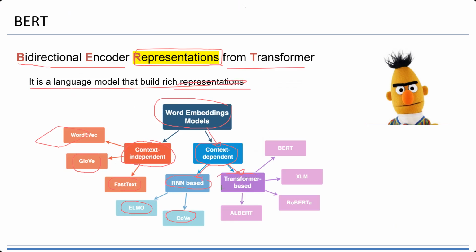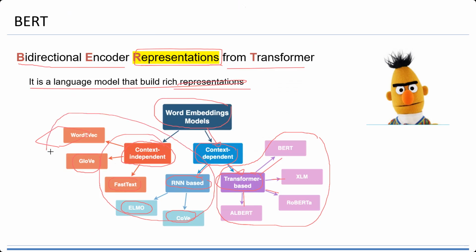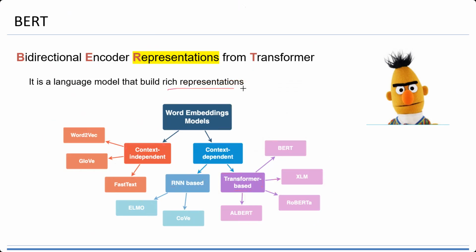For transformer-based, we have BERT, XLM, RoBERTa, ALBERT. So the representation here is richer than the other kinds of methods in word embedding. That's why they call it rich representations.